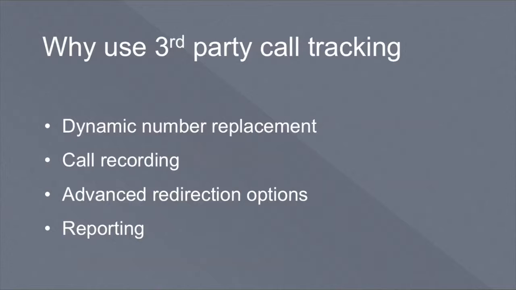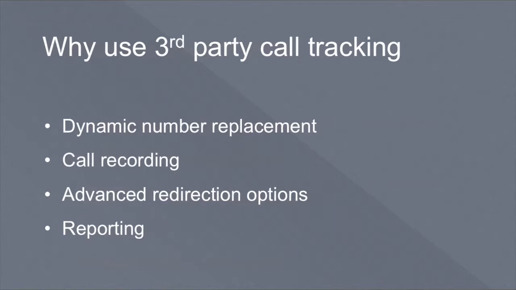Well, the first reason is dynamic number replacement. What does that mean? It means if your website shows a phone number and a visitor visits your website after clicking a Google ad, if you don't use dynamic number replacement, they will see your regular phone number and they'll call it and you'll have no idea it was an ad that actually led to that phone call.